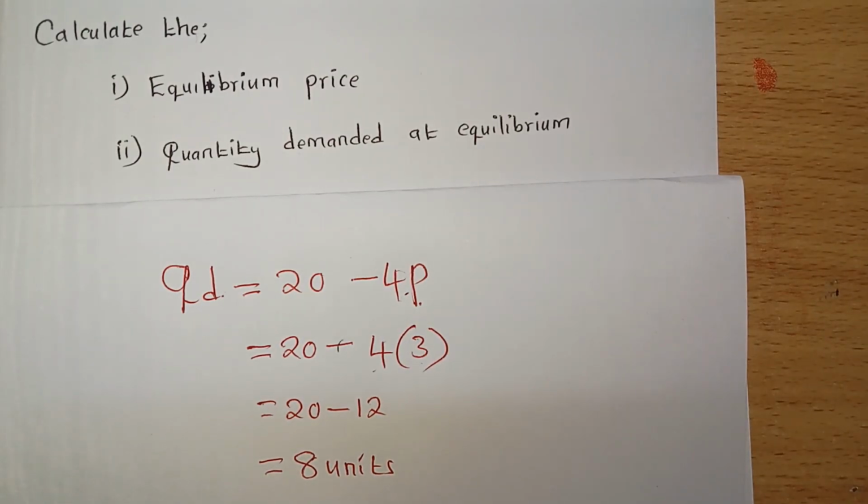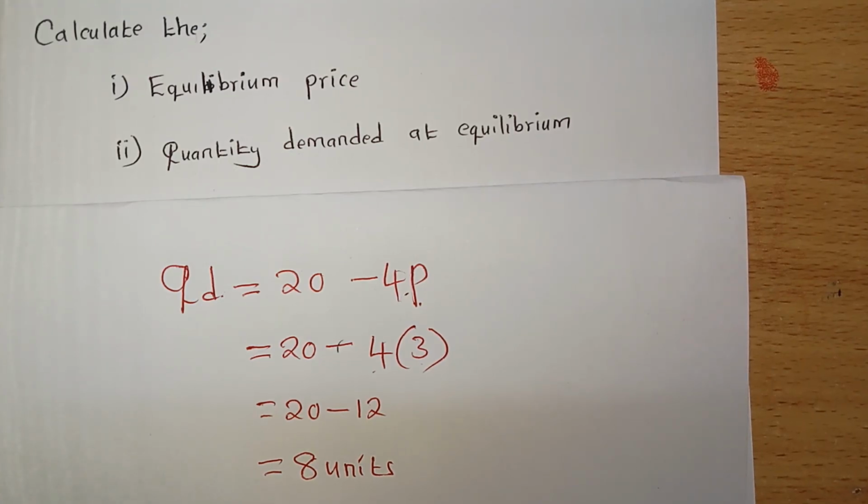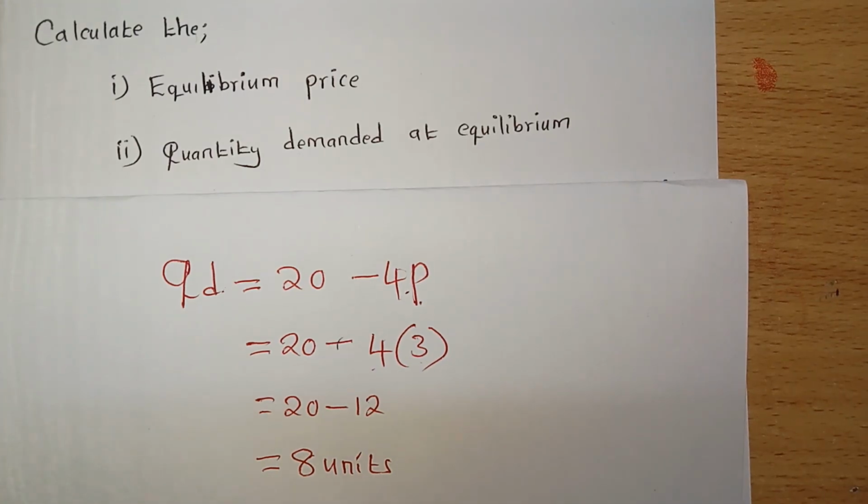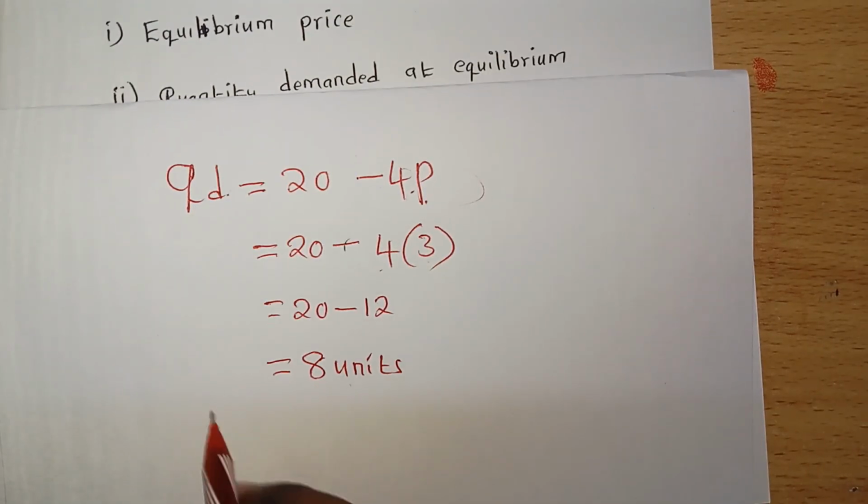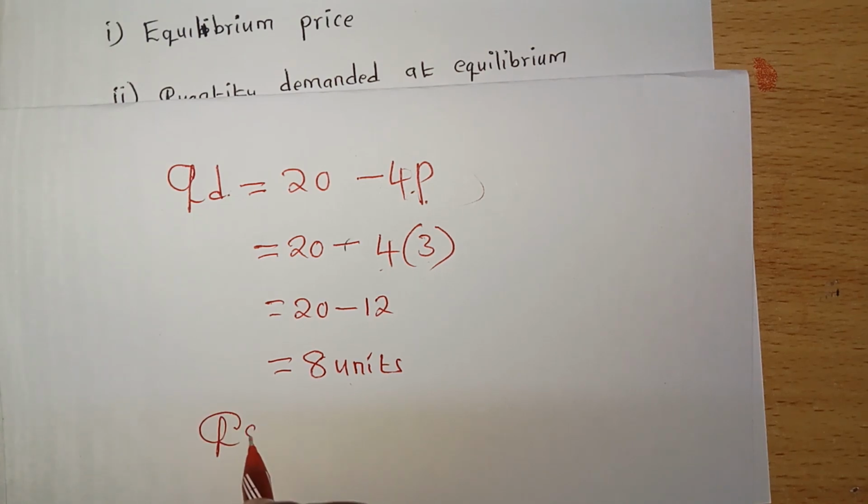And I remember I told you that equilibrium refers to a state where you find that the quantity demanded is equal to the quantity supplied. Meaning, if this is our QD function and you have been able to get our quantity demanded at equilibrium as 8 units, it is the same as saying QD equals QS.